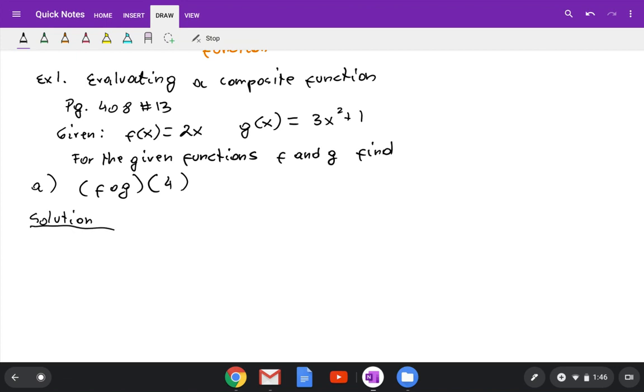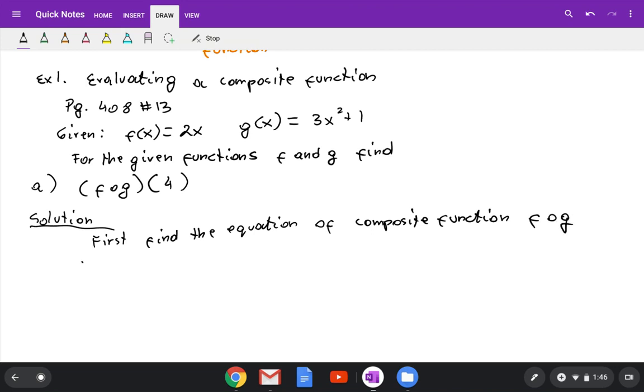Okay, so solution. How we're going to do it, and this is how I teach you, because that will apply to the next examples. First, find the equation of the composite function, f composed with g.